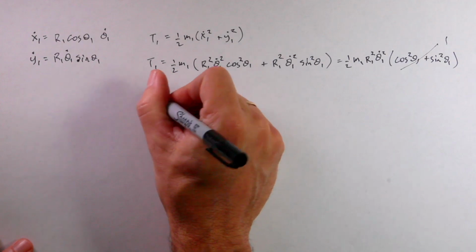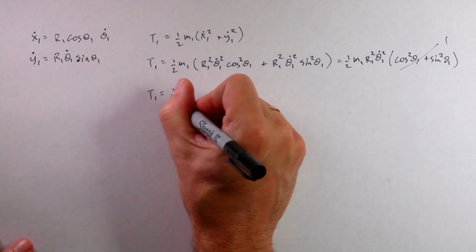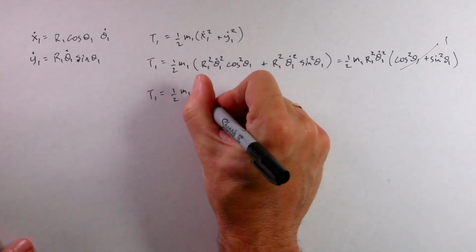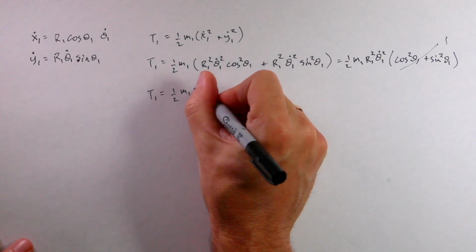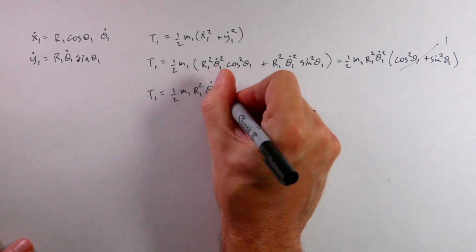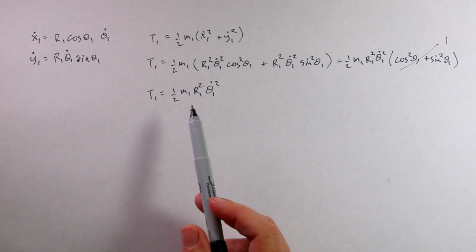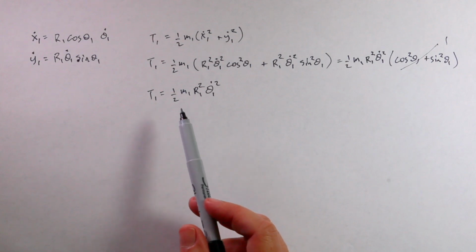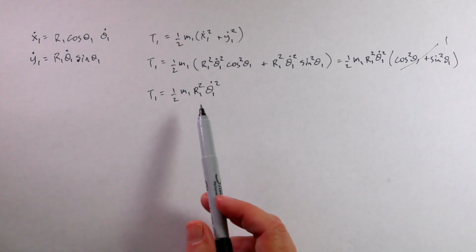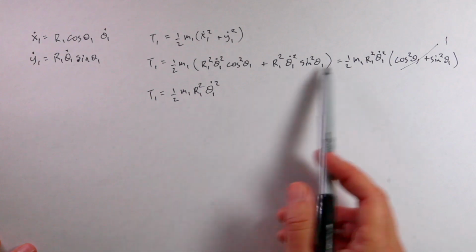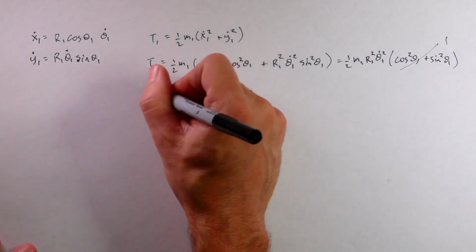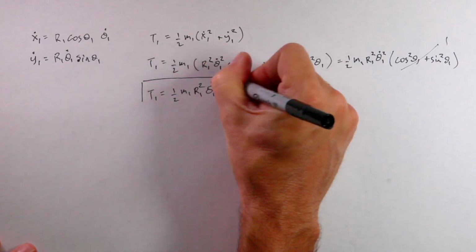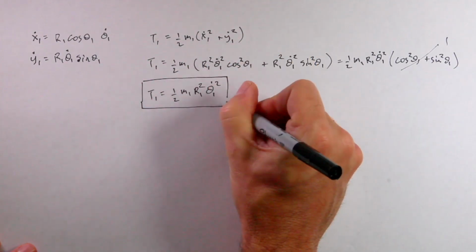So now I get T1 is 1/2 m1 r1 squared theta 1 dot squared. And this does have units of actual kinetic energy. It doesn't have to, depending on your generalized coordinates, but in this case it does. And the trig terms drop out, so that's good. And I'm putting a box around it because it's important.